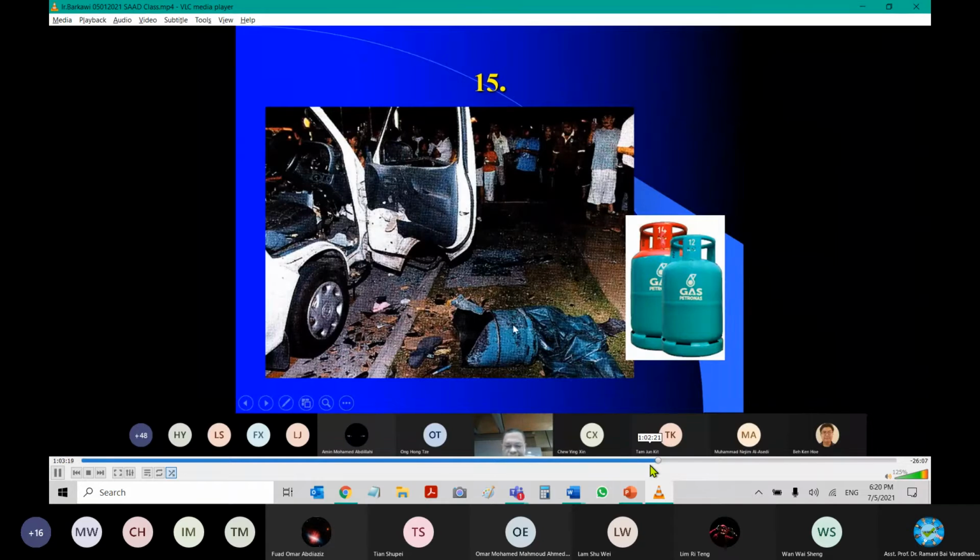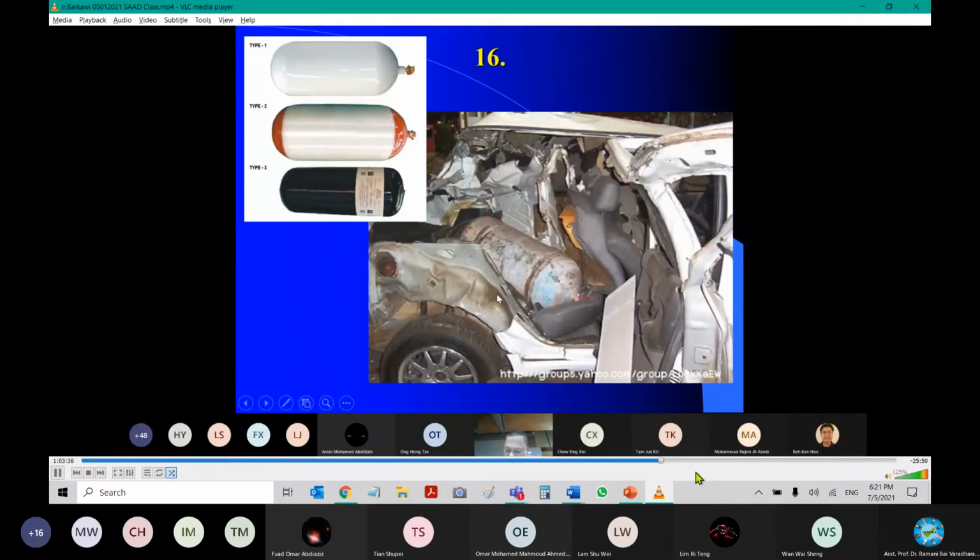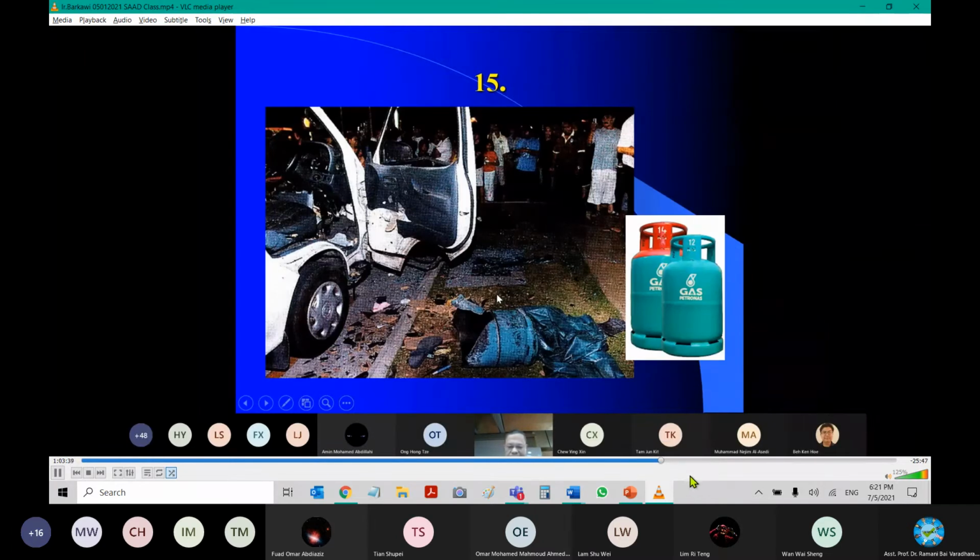This is how it looked. Not very nice, is it? I think one person was a fatality there because he sat in that van during the filling up. Now this is internal pressure failure.